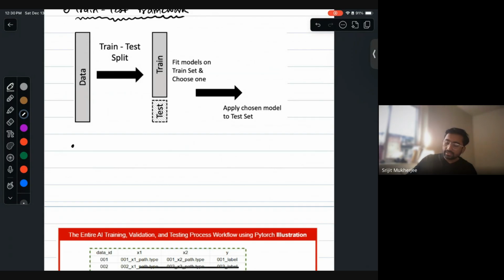So the basic idea is that take a model, use train data, and get the result on test data.